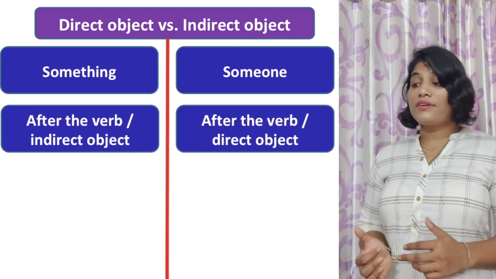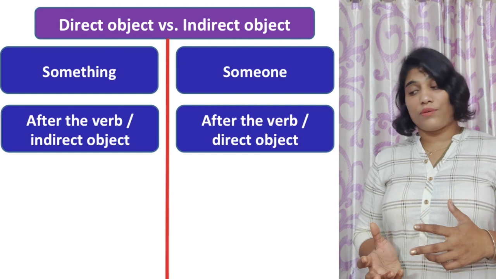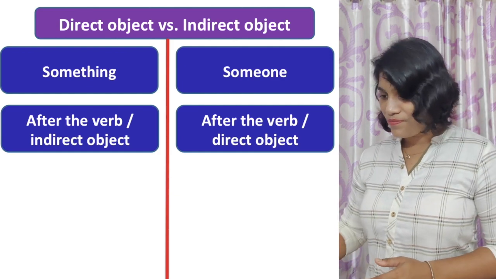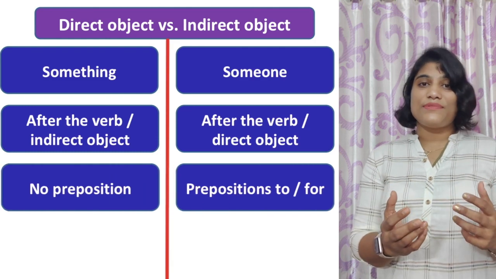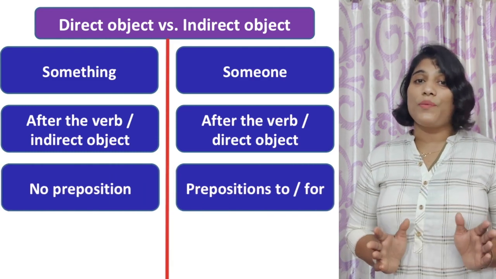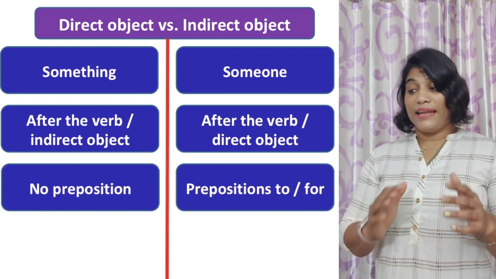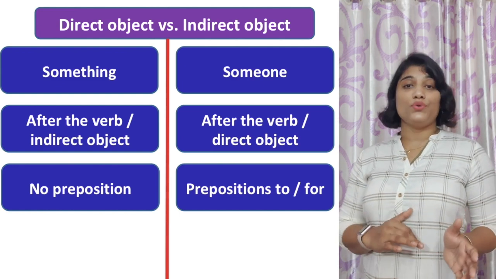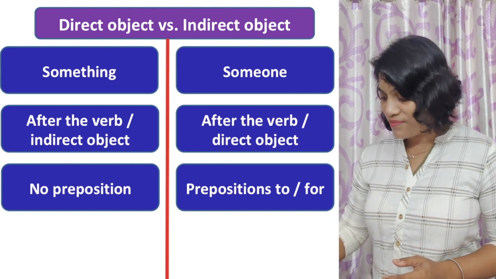Now, after the verb, in the case of a direct object, you find no preposition. But in the case of an indirect object, you see prepositions like to or for.